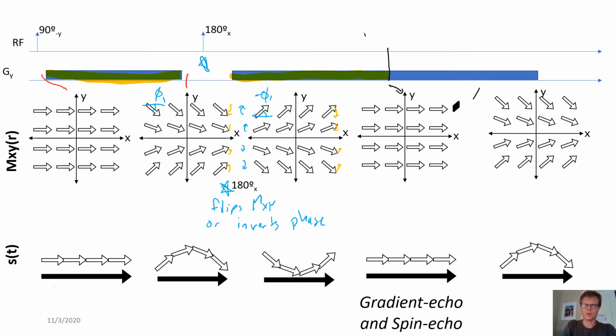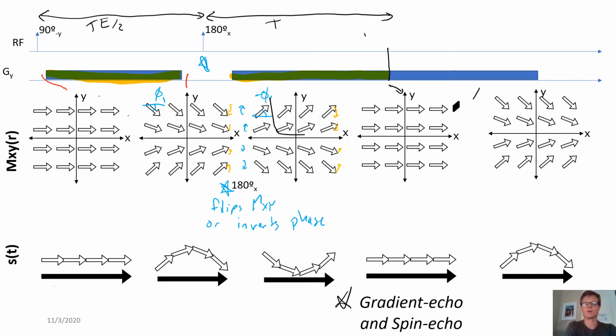We get both what is illustrated at the bottom, both a gradient echo, and we also choose our timing of our gradients and our RF pulses such that the gradient echo and the spin echo coincide with each other.